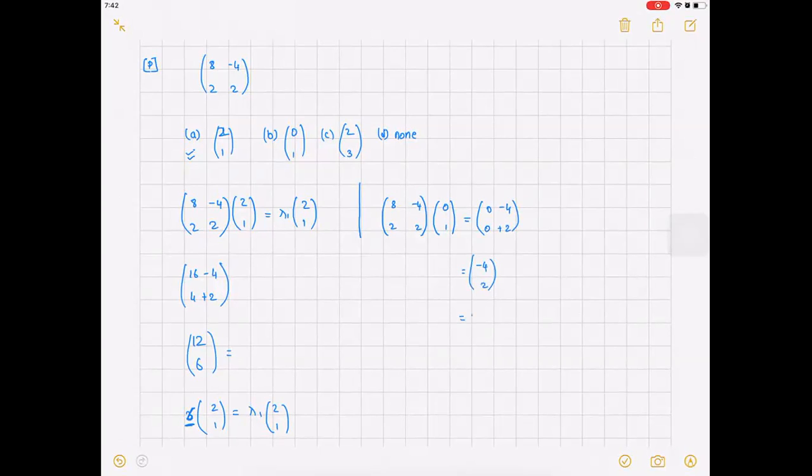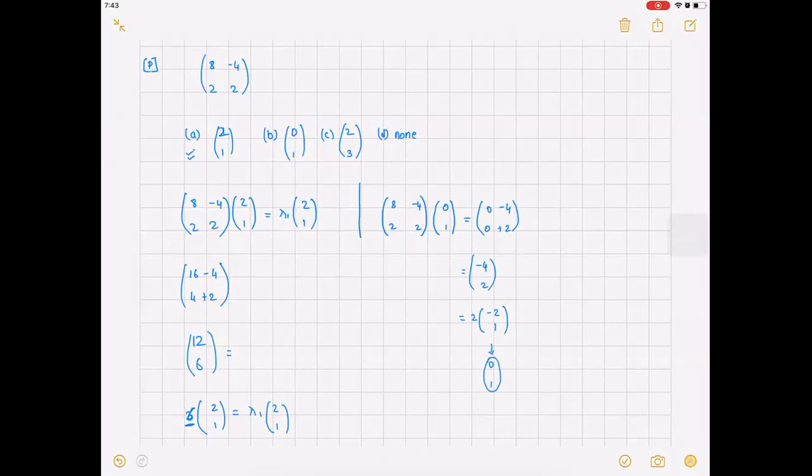Even if I take 2 common, I get -2 and 1. So this is not the same as 0 and 1. I cannot get 0 and 1 here by any chance.